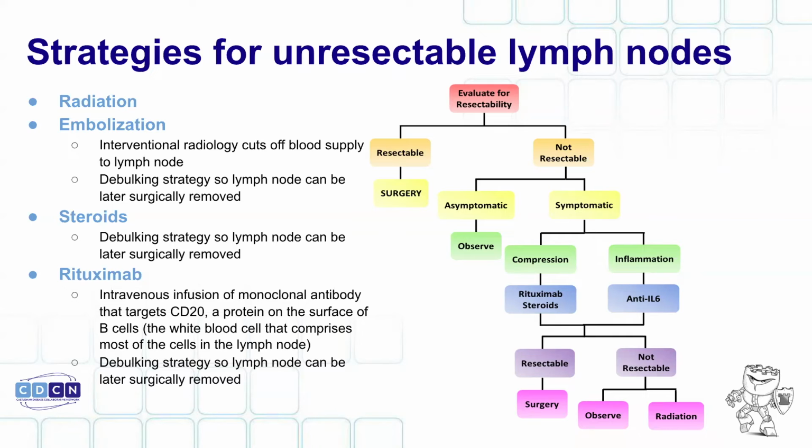There's another strategy called embolization, where it's a procedure done by interventional radiology, where they actually can cut off the blood supply to the lymph node. Castleman lymph nodes are very vascular, they're very bloody, and they like to have themselves well supplied, and cutting that off can cause the lymph node to shrink.